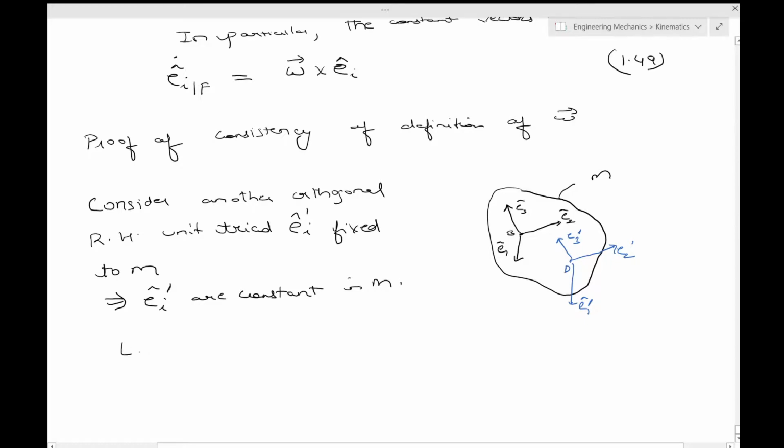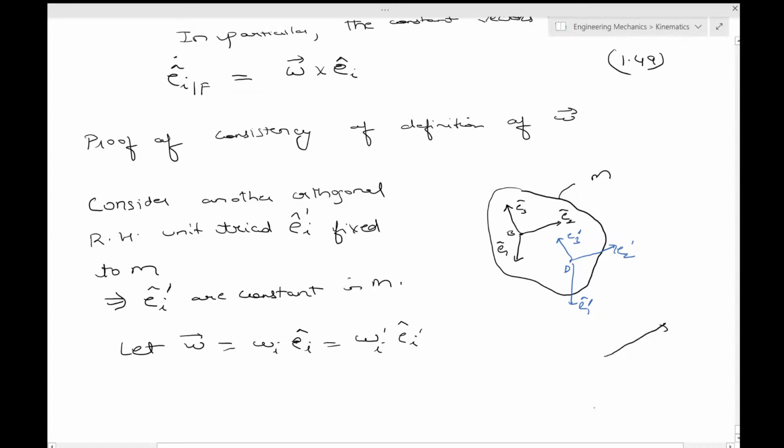Let omega be equal to omega_i e_i hat, or omega_i dash e_i dash. Okay, this I hope you can understand. Perhaps I have discussed it, perhaps I have not, so let me just do that here anyway.